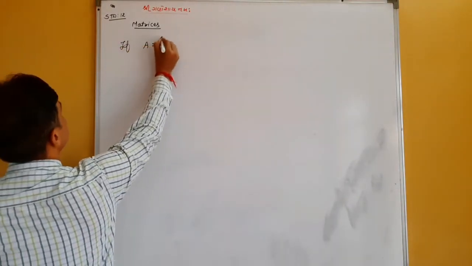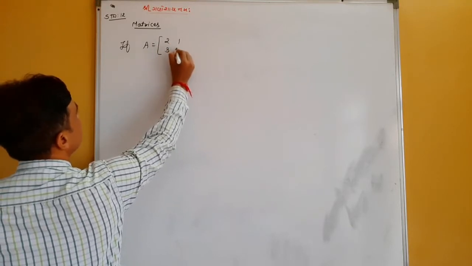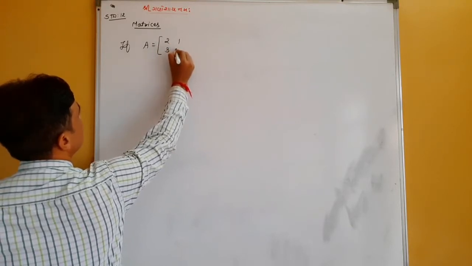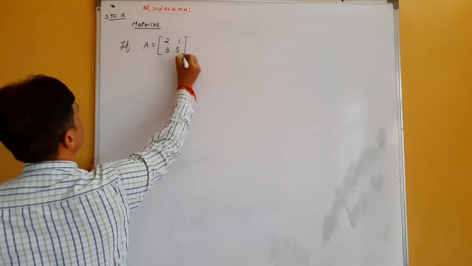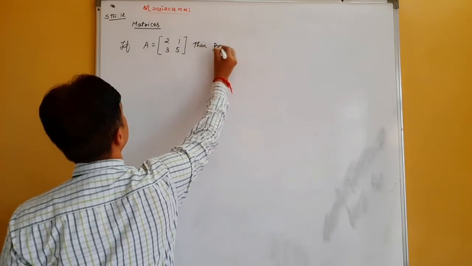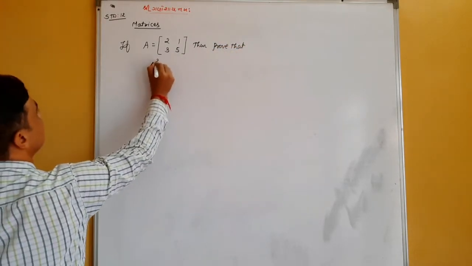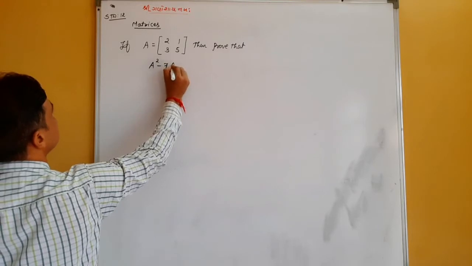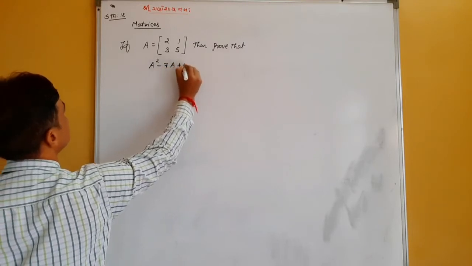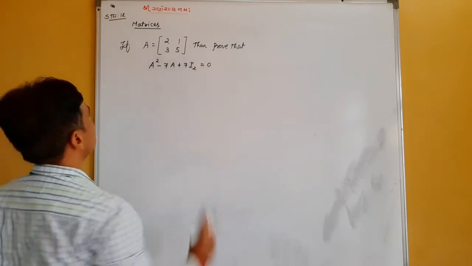If matrix A is 2, 1, 3, 5, then prove that A square minus 7A plus 7I2 equal to 0.